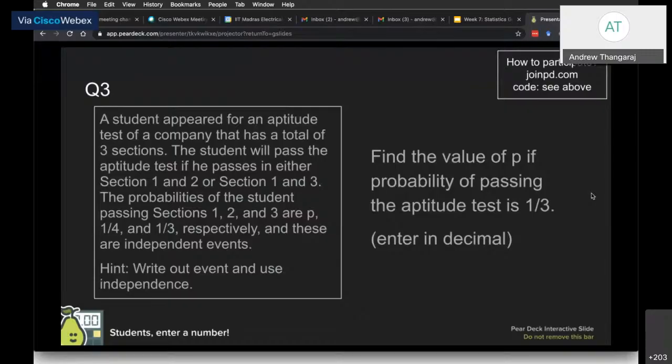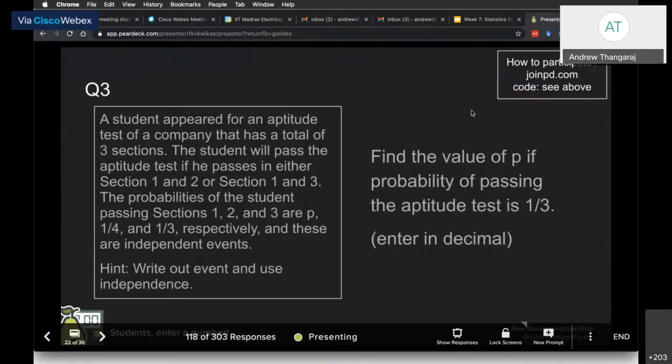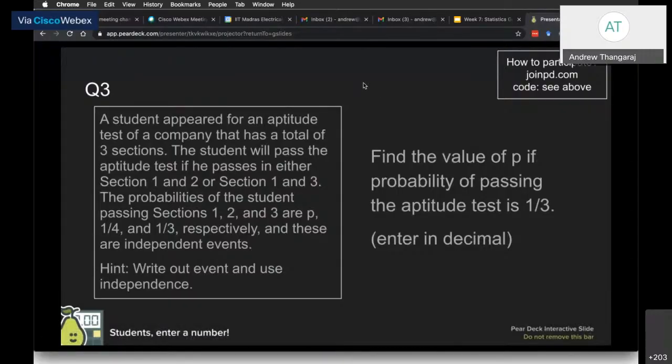A student may pass all three, right? That's also okay. It's allowed, no? Not disallowed.